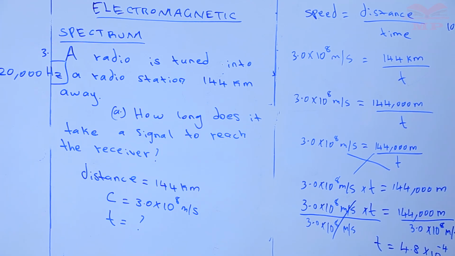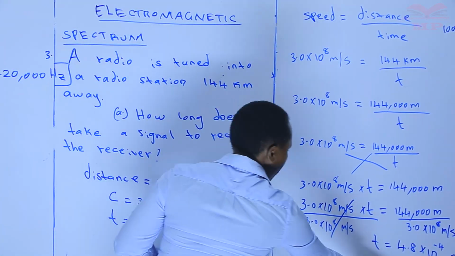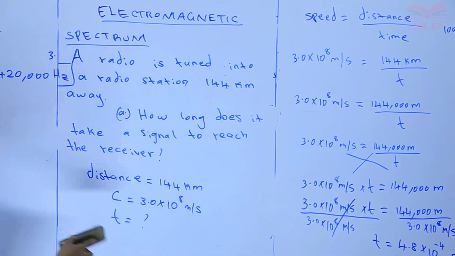So speed is distance over time. We have the speed, that is the speed of light, because it is a radio wave which is an EM wave, and we have the distance in kilometers. We've converted it into meters, which is the SI unit, and then we are able to get the time. So we have answered the first part.